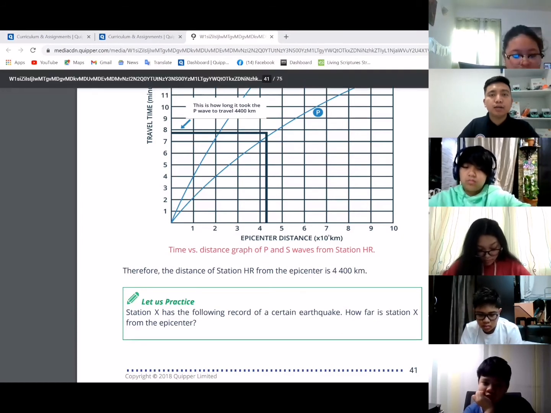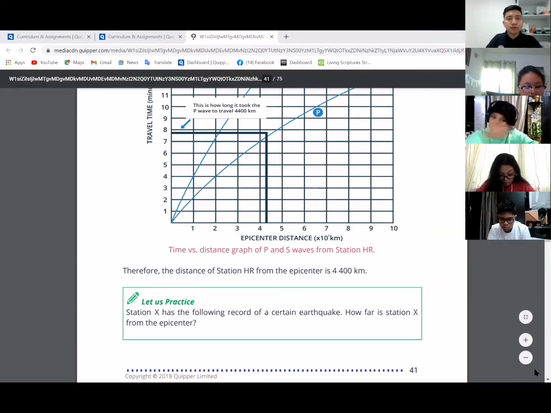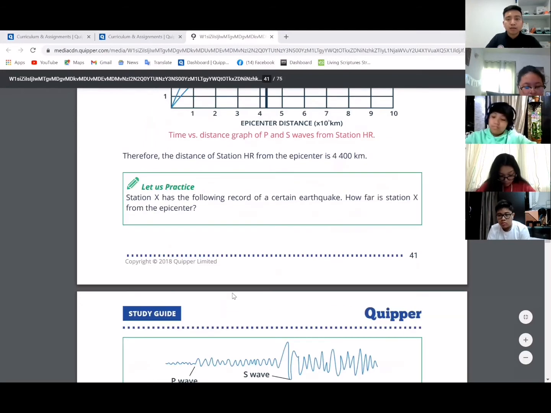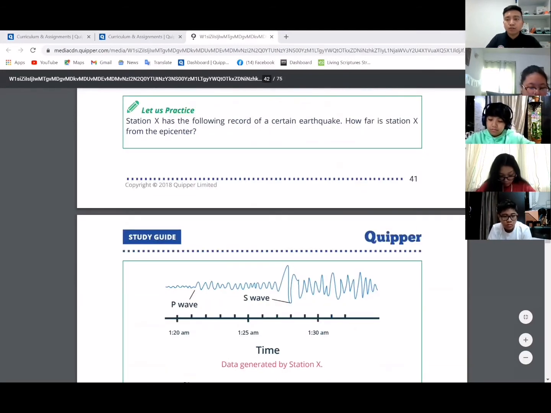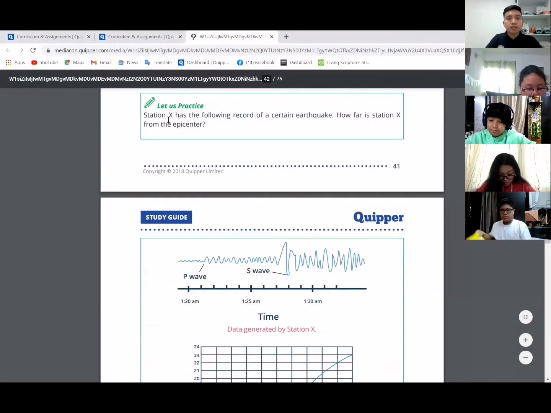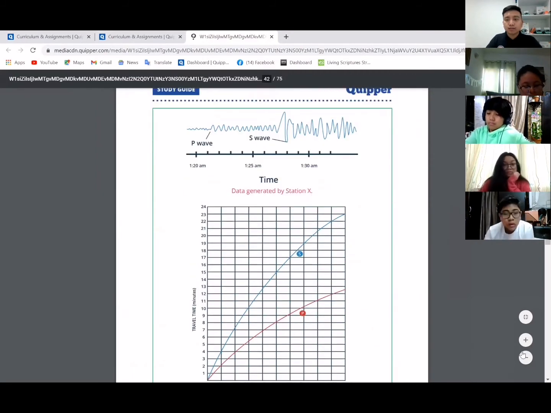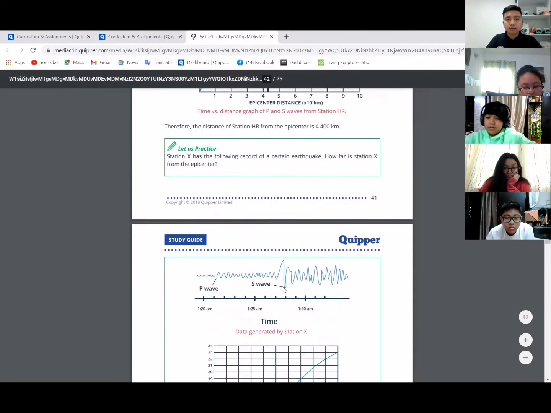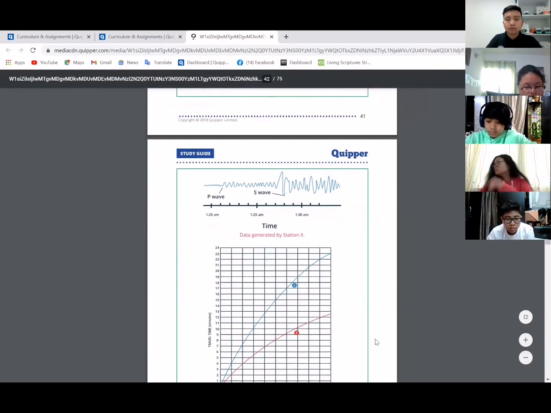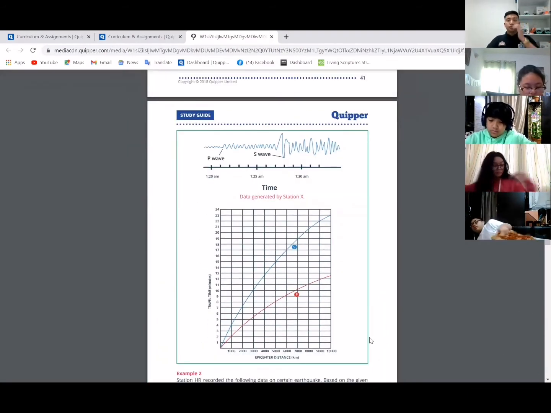Alright, let's see kapag naintindihan nyo yung concept. Try to compute this one, try to do this one, solve this one. Station X has the following record of a certain earthquake. How far is the station X from the epicenter? Ayan.